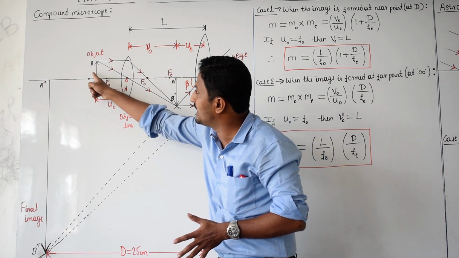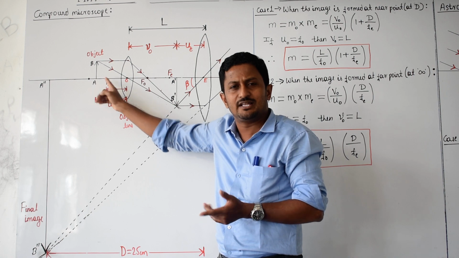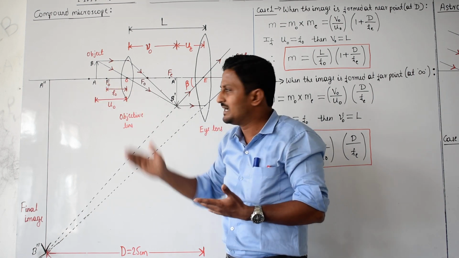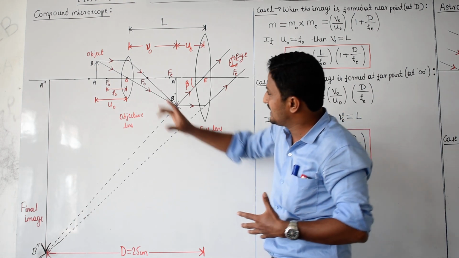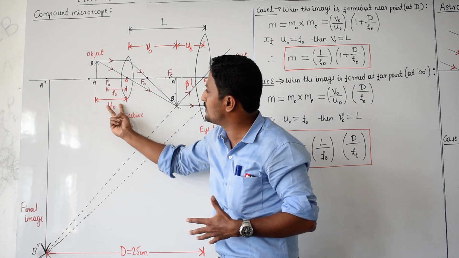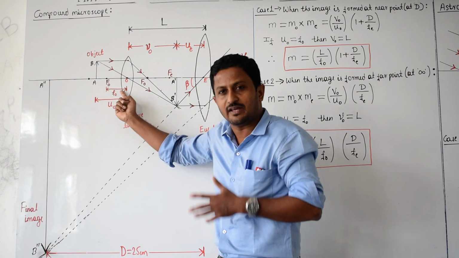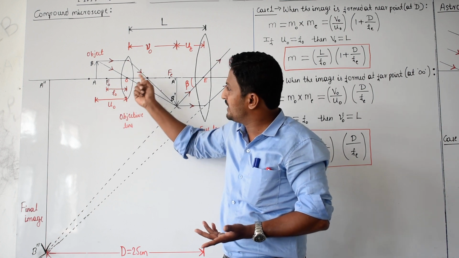Then the object distance will be its focal length. I mean what we are imagining: if this AB is at this point, then the object distance will become FO only, UO will become FO.